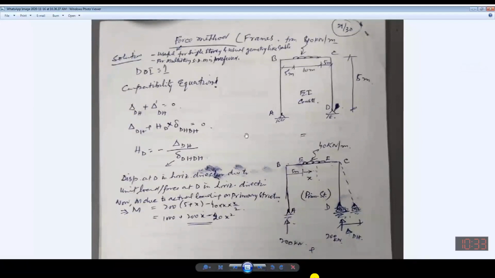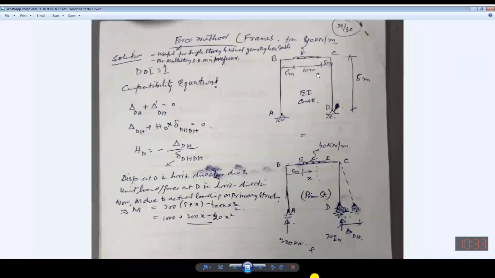This is the freehand sketch, irrespective of the dimensions. Dimensions are there, but these have not been drawn to the scale. It should be noted. You need to make your concept clear about the solution procedure.